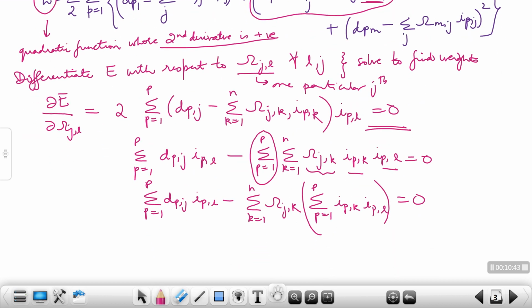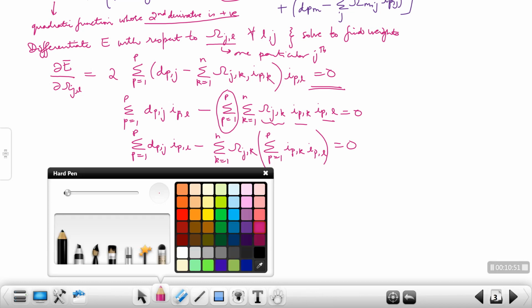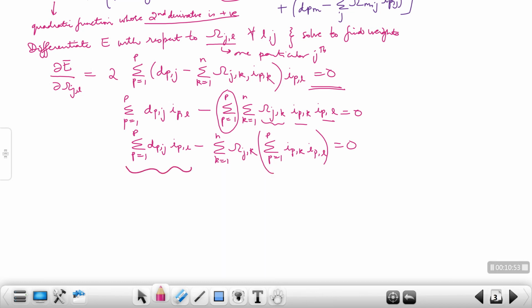So when it is equal to 0, I can take it on the other side, and if you see, this is nothing but summation of p equal to 1 to capital P dP and IP transpose. This is the same thing whatever we had written previously. Let me first take it on the other side, then I will show it to you.